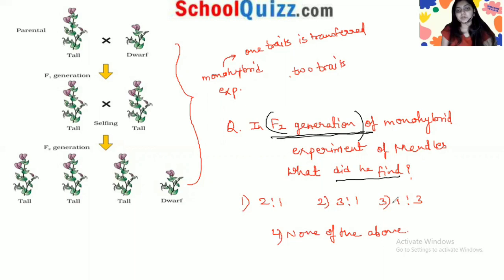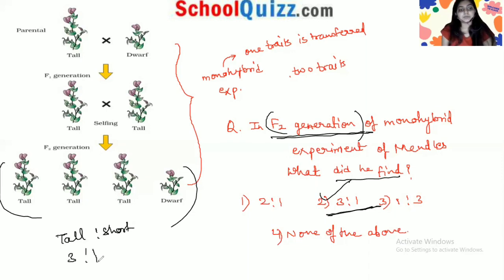So he found the 3:1 ratio. Here you can see the tall and short ratio is 3:1.